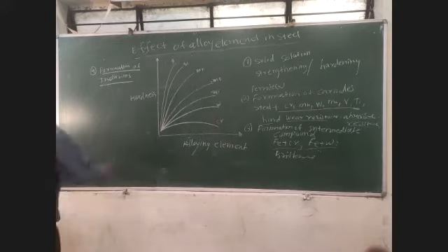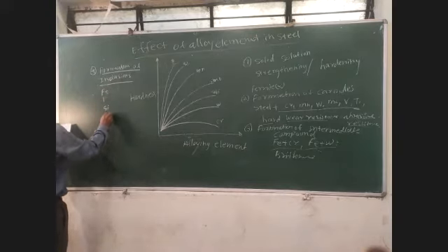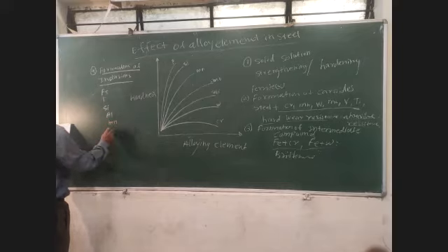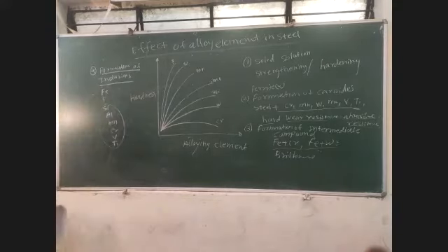Example, if you go on adding silicon, aluminum, then Mn, chrome, vanadium, and titanium, they may combine with oxygen and form oxide when added into steel.